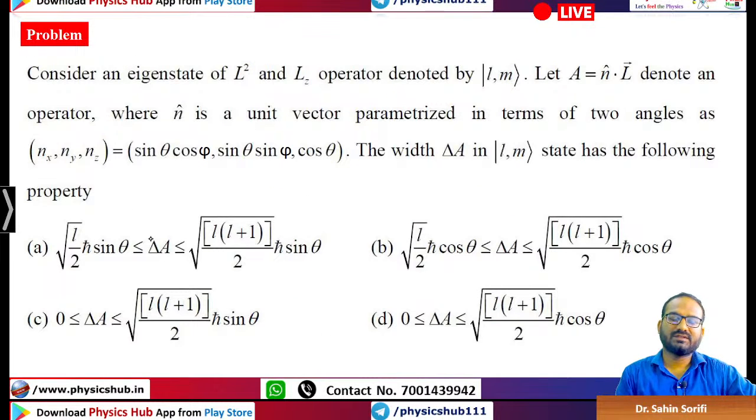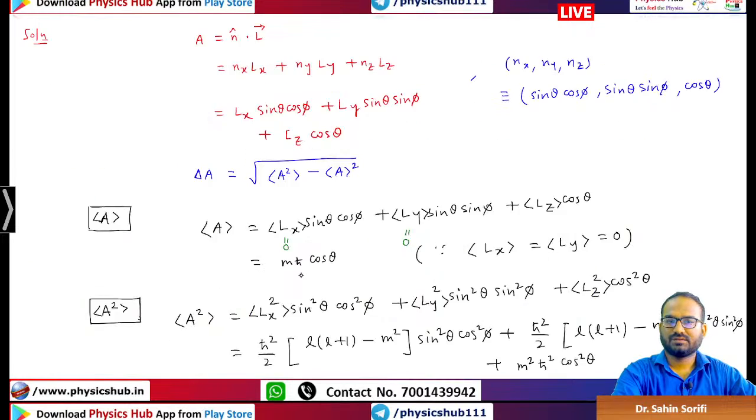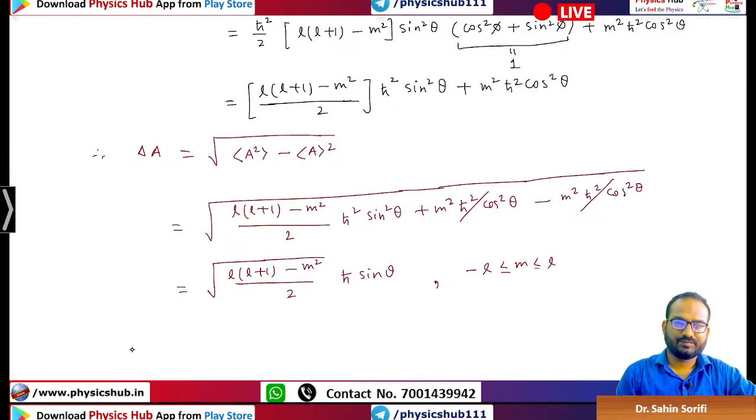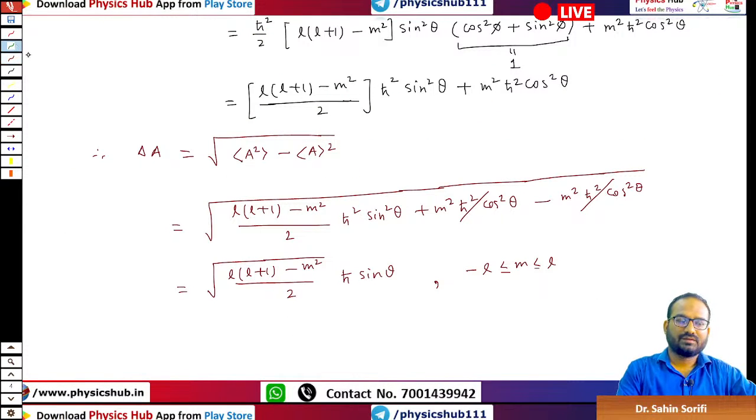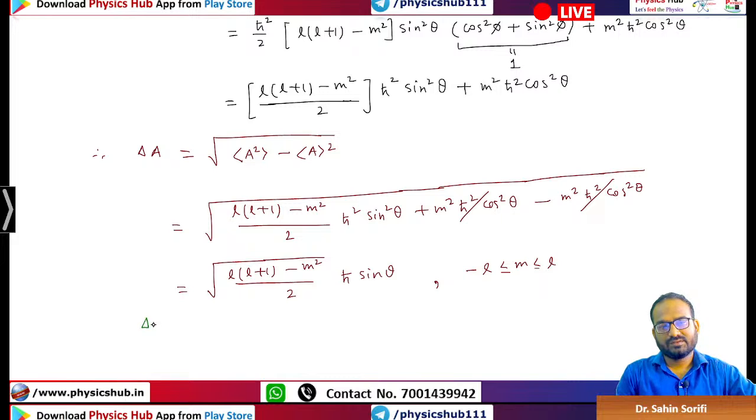You have to find out the minimum value of delta A and maximum value of delta A. Okay. From the option it is appearing to be. Now if I talk about what is the minimum value of delta A, can you tell me?